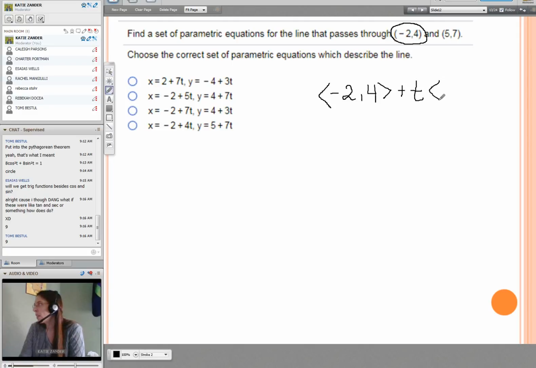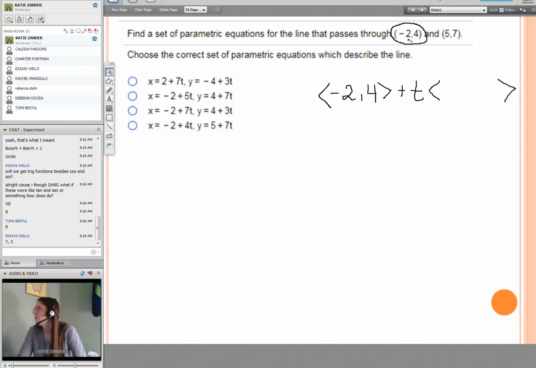So what is going to be the second vector we get here? So assuming that this is the terminal side and this is the initial point. So terminal minus initial there. Yeah, 5 minus negative 2.